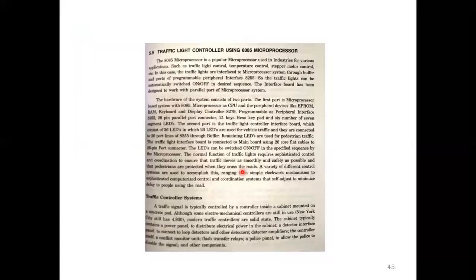Okay, so the next topic is the temporary traffic light controller using the 8085 microprocessor. That means we are going to control the traffic light with the 8085 processor. The main problem here is how the 230-volt bulb will be connected with the processor.